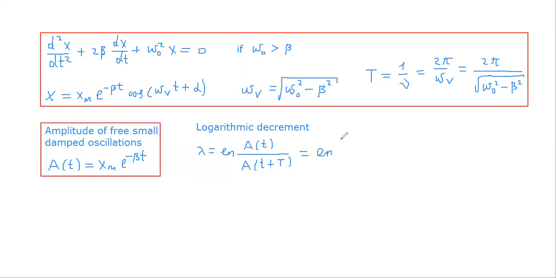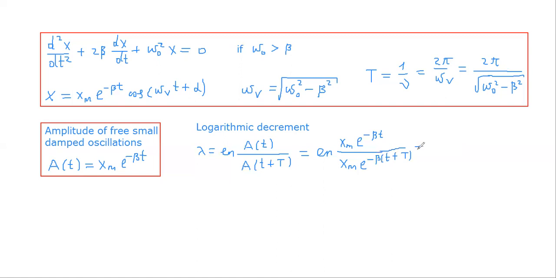the logarithm of xm e to the power of minus beta t divided by xm multiplied by e to the power of minus beta times t plus period. T plus period.